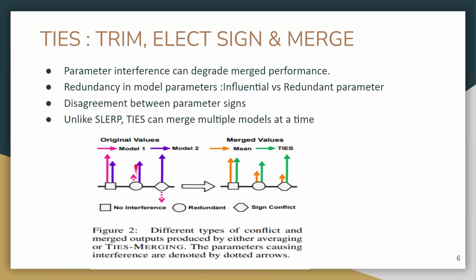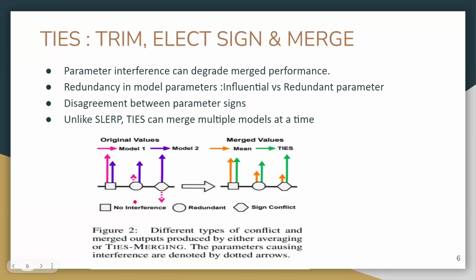Oh, sorry. So here the sign is the same for those parameters, those are positive, but one is very tiny and one is very large. If we average those parameters, it will be something in the middle. So there is no importance of this parameter, but if we merge it, it will influence our final result.